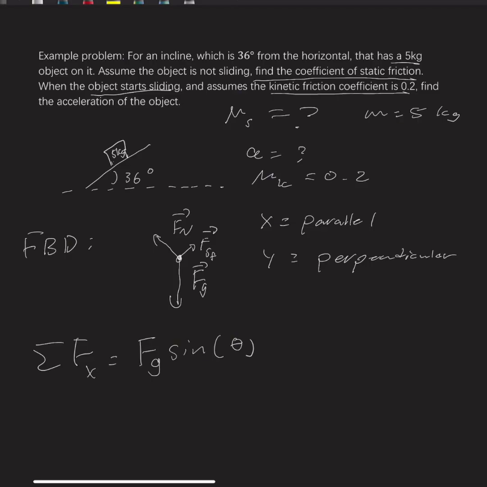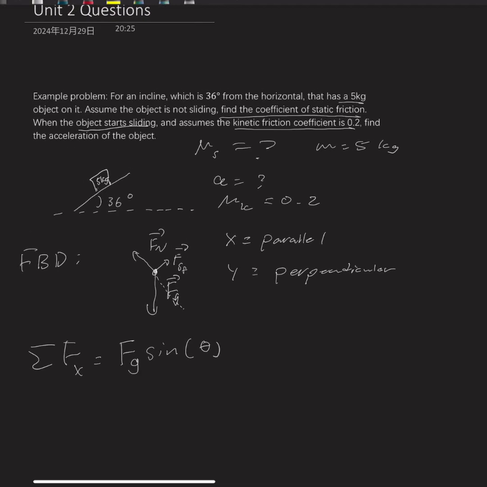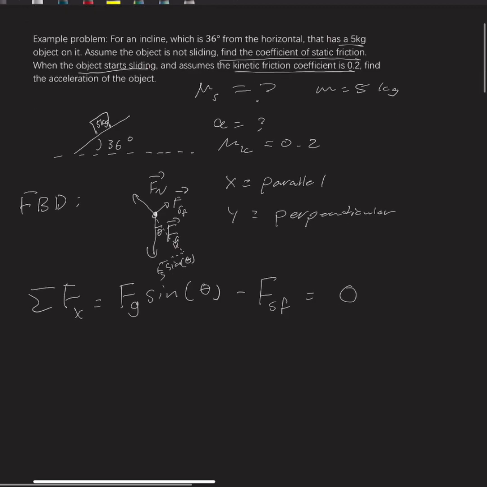If you break this into components, then it has 2 components here. This is theta. That's the same theta as the 36 degrees. And this is Fg sine theta, minus force of static friction, which is equal to 0. It says the object is not sliding, so it must be 0.